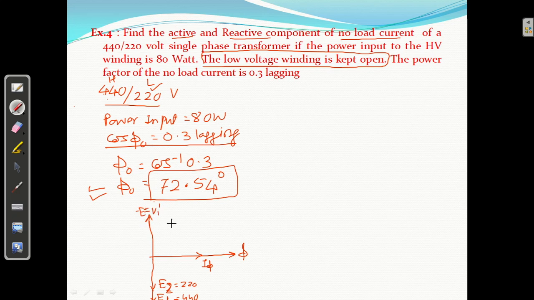This current is IC, and the vector sum of these two is I0, and this angle is known as phi 0, which is 72.54 degrees. Actually this diagram is not required, but to understand the concept you must know it. Why did I draw the vector diagram? So that you understand the concept.